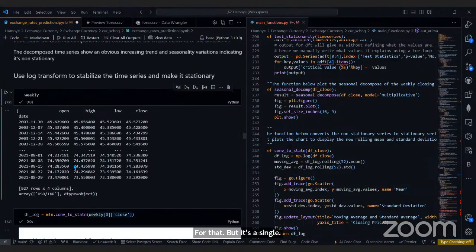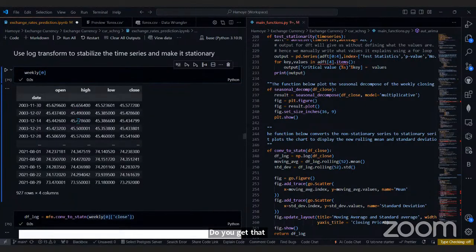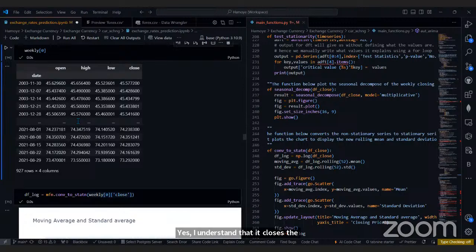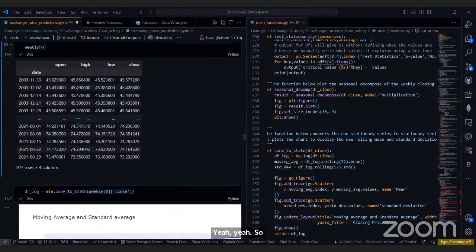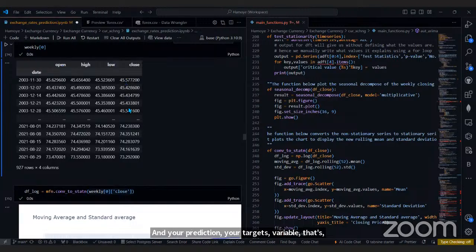Do you get that? Yes, I understand that the close is the target. I'm saying in our last class we saw that there are two time series analyses. We have the univariate analysis, where it's just your dates and your target variable. Then we have the multivariate analysis, where you can include all these other ones to help predict it.